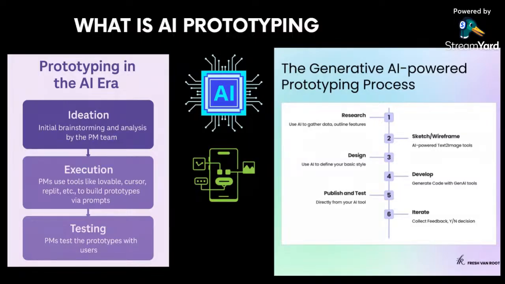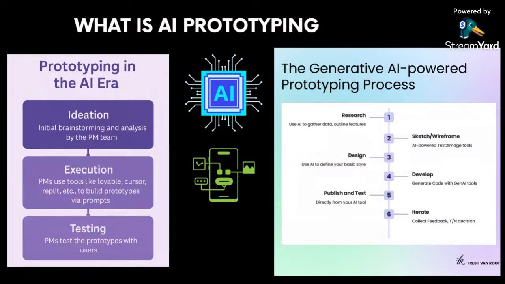Next is the sketch or wireframe. There are AI-powered text-to-image tools, even ChatGPT, and a lot of tools which can give text-to-image, right? You can use those for understanding how your product is about to look. Whether it is a hardware or software product, you can use text-to-image tools for a basic understanding of how your product must look in outline.